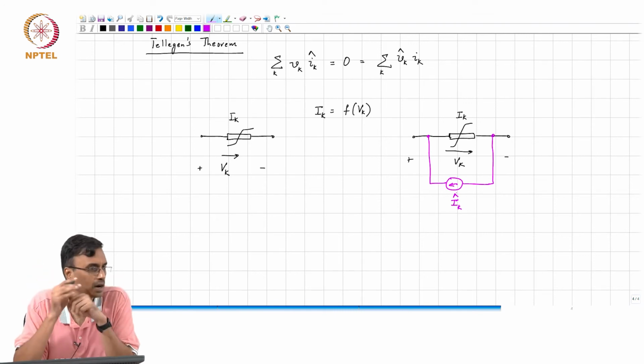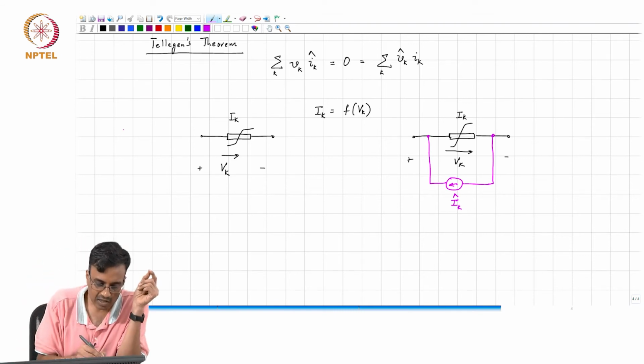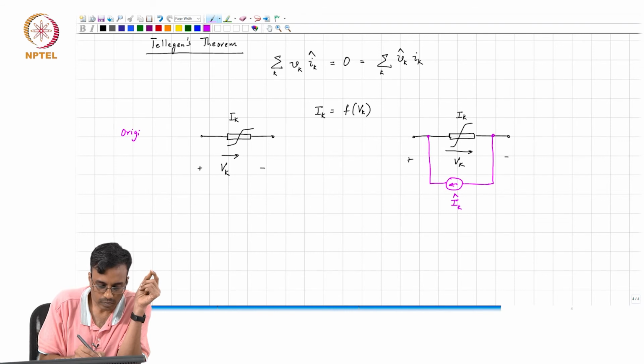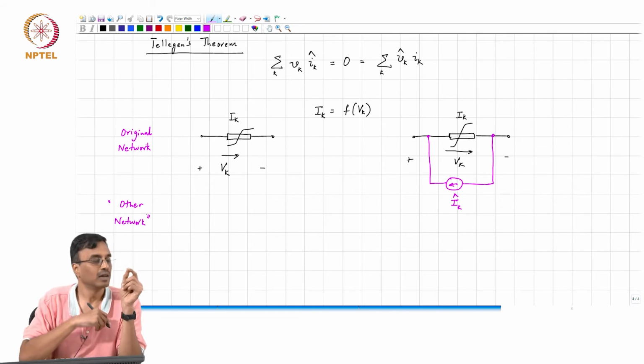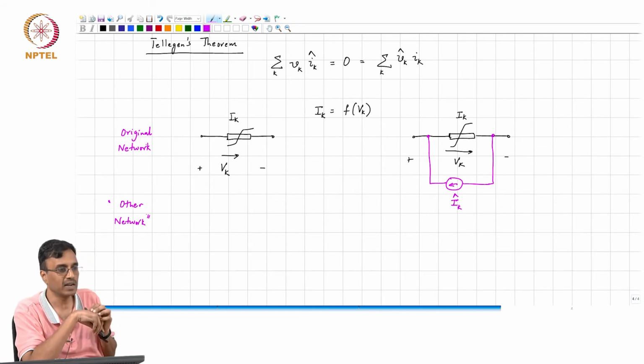That other network is where, this is the original network, the other network is where a particular source has been changed by some amount. Correct?